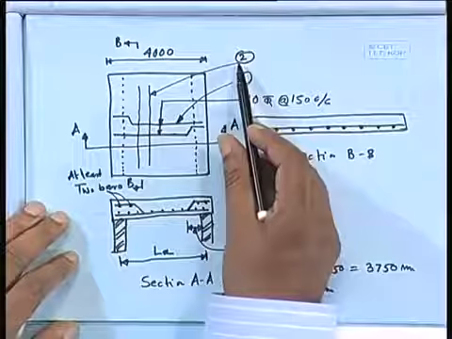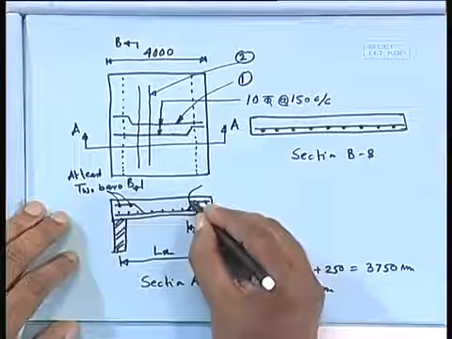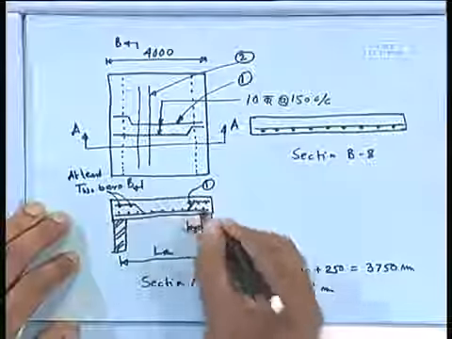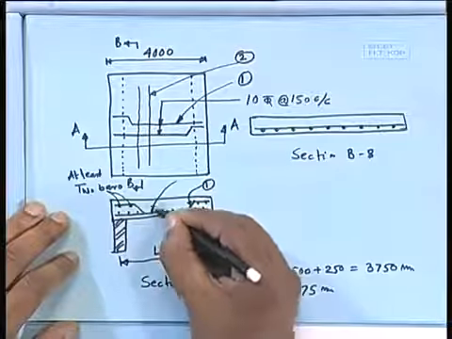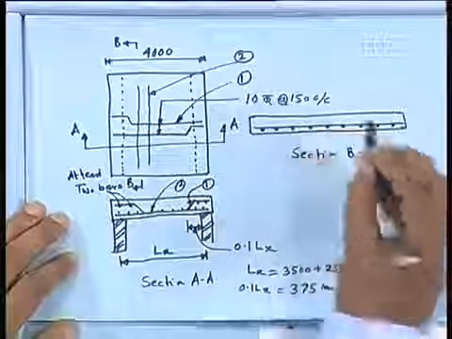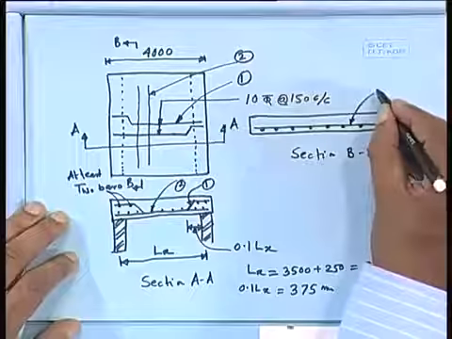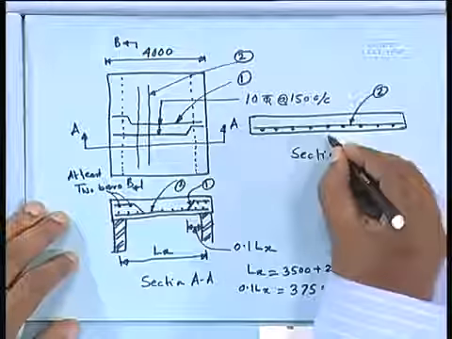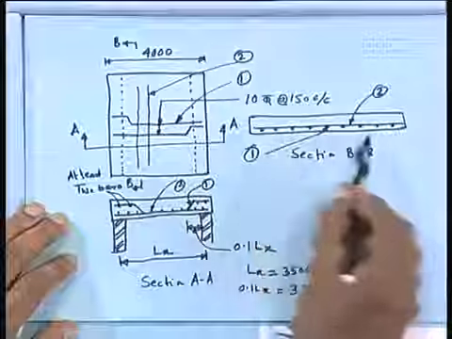So here this is 1, this bar is 1, and the other one, the dots, are 2, whereas here this one is your 2 and these dots are 1. Because we are taking the other section, that is very, very important. Whenever you are showing the section, which side you are cutting is very, very important.